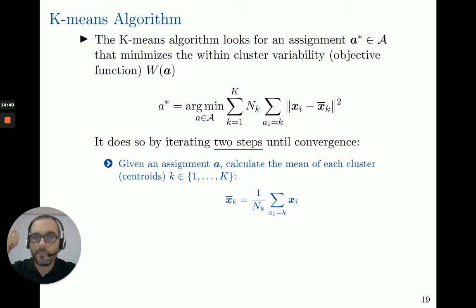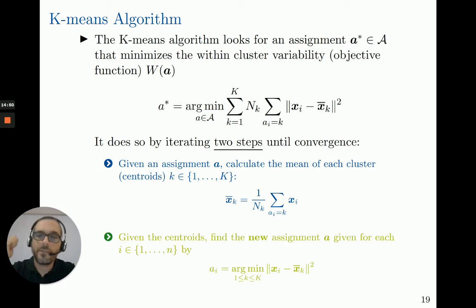So we choose an assignment A, we compute the mean of each cluster centroid, and given the centroids, we find the new assignment A given by the expression that we have in green on our screen.